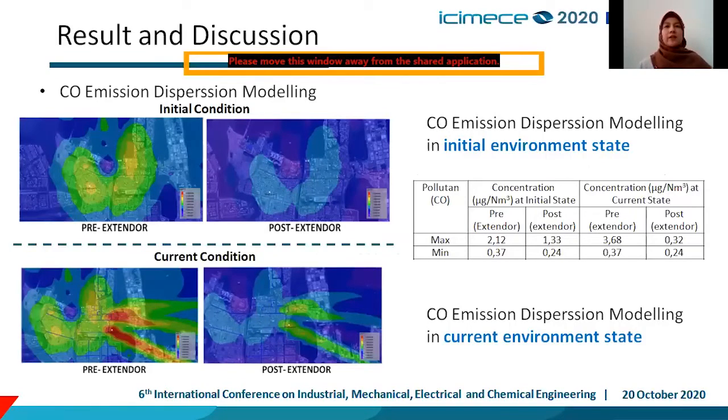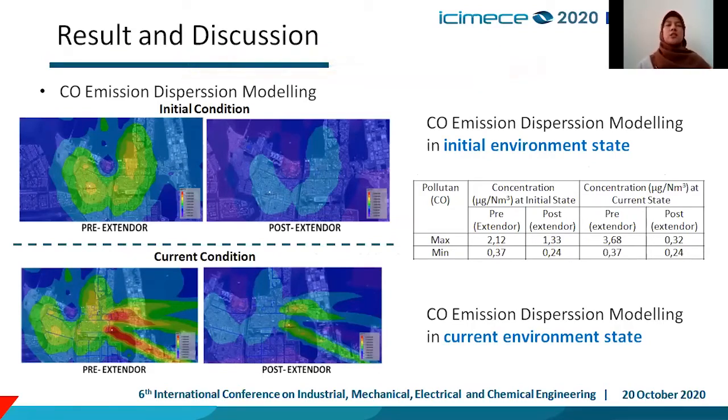Next, after we do the CFD modeling and also meteorological data analysis, we will do the emission dispersion modeling. This is the CO emission dispersion modeling at initial environment condition and current environmental condition.